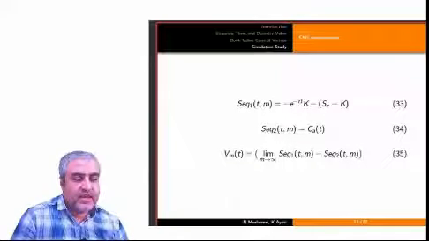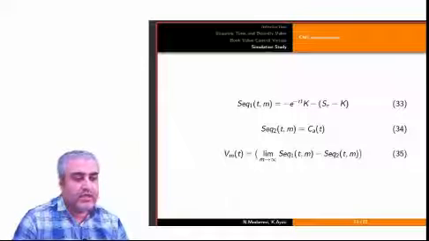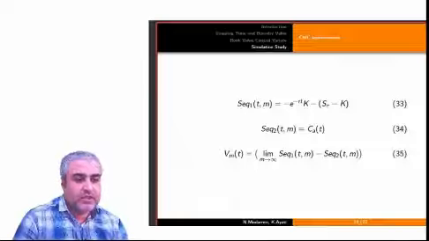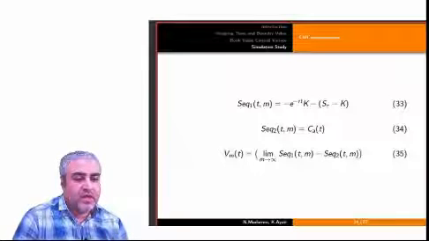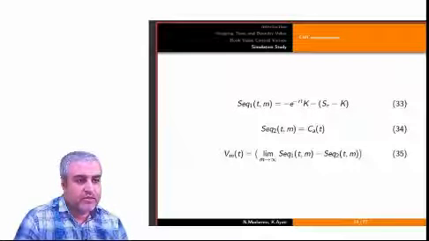We have two sequences from these three simulations. We have two sequences from the discount of payoff minus the discount of execution payoff, number 33 and 34, the sequence of payoff.